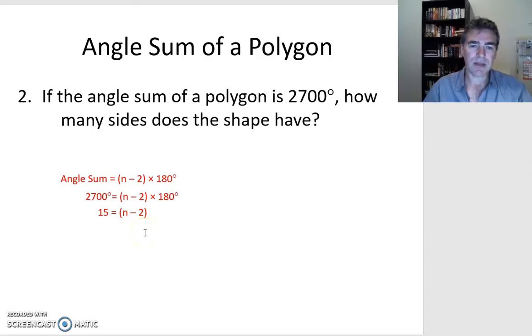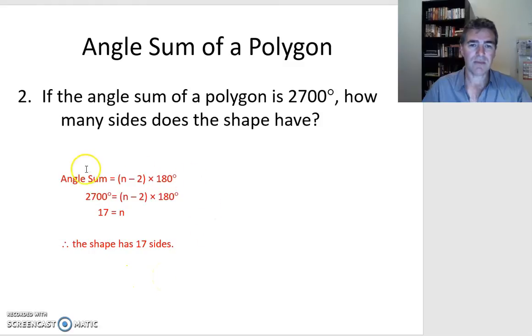Well, I don't need brackets around that, so let's take those away because it's not being multiplied anymore by anything. And this should be something that you've seen before. So how do I get rid of that minus 2? I add 2 to both sides, and I find that n is 17. So the number of sides for this particular shape is 17 sides.